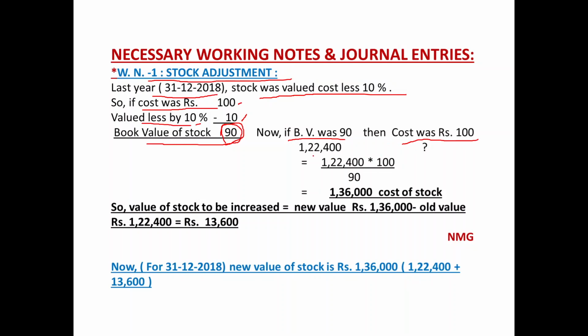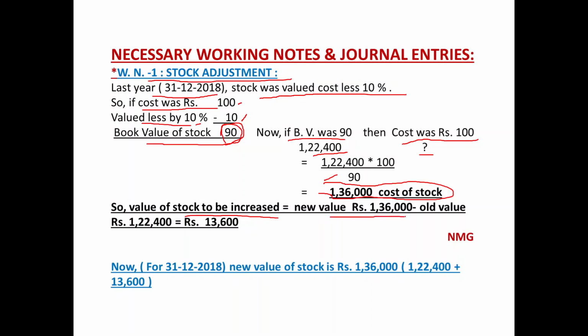If book value shown in the balance sheet is 1,22,400, what should be its original cost price? Apply the figure. It gives 1,36,000 original cost of the stock. So if we have to show the stock of the last year at its original cost price, then the value of stock is to be increased.